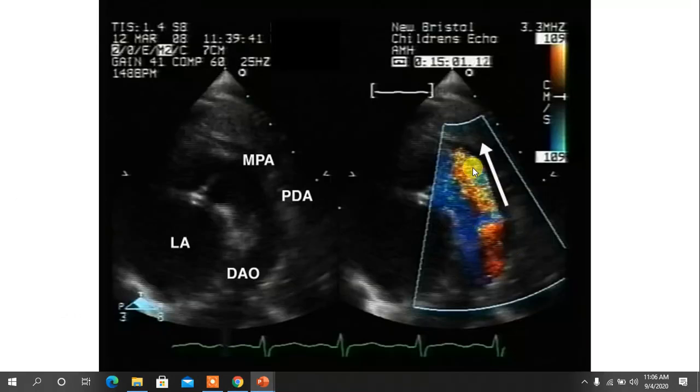Here we see the Doppler echocardiography. Here is the main pulmonary artery, here is the PDA connecting the artery and the aorta, left atrium and ductus arteriosus. Here is the Doppler ultrasound showing the echocardiogram.